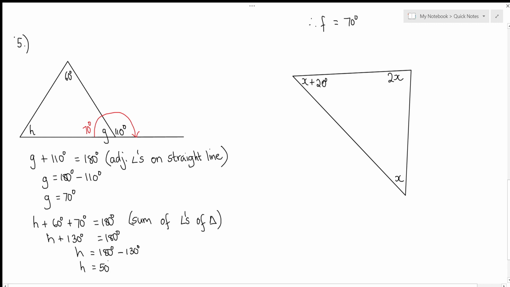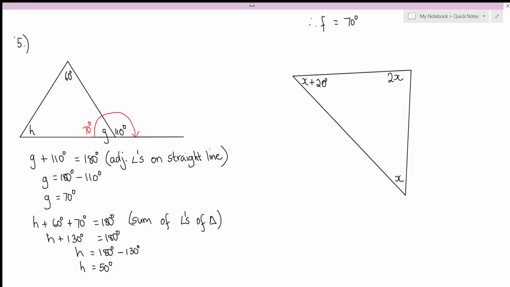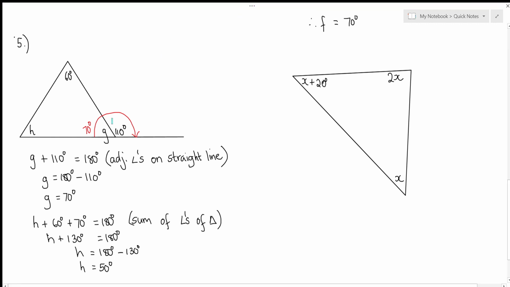Now, I want you to take note of something, and I'm going to use a highlighter to show you this. If you look at 110 degrees here, the exterior angle, and you look at 60 and H, 60 plus your 50 will give you 110.